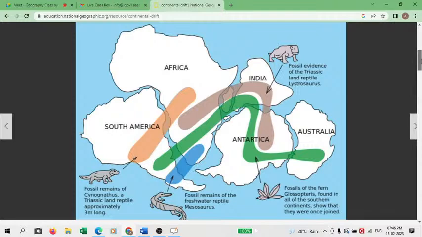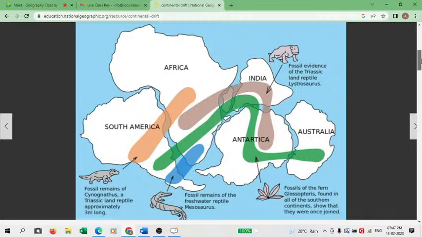Now Alfred Wegener gave a counter to this also. He said that if Mesosaurus is a freshwater reptile, and it is proven by scientific research on this animal's fossils that it is a freshwater reptile, and if the continents were not together, then if its population started from South America, how did it reach Africa? If it is a freshwater reptile, it cannot swim in the ocean. So if South America and Africa were not joined, this animal cannot swim in the ocean and reach the other continent and start multiplying in population.